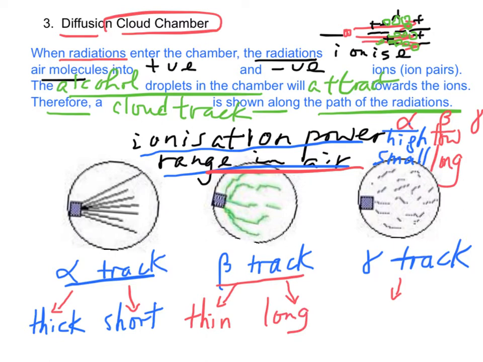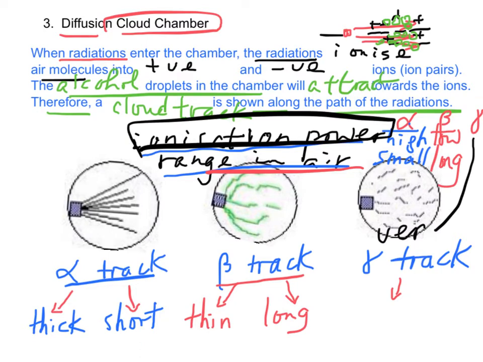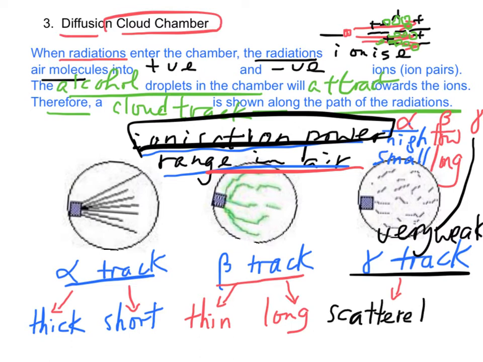Lastly, the ionization power for gamma rays is very weak or very low. Therefore, the gamma track shown on the cloud chamber will be scattered or hardly seen.